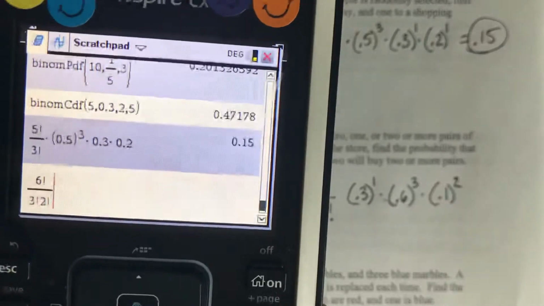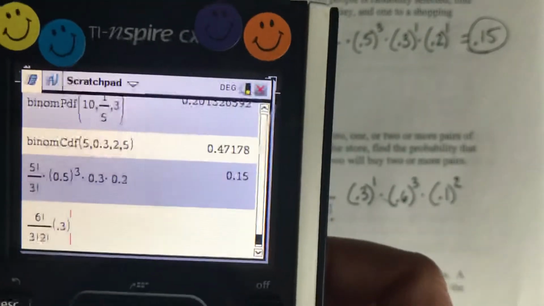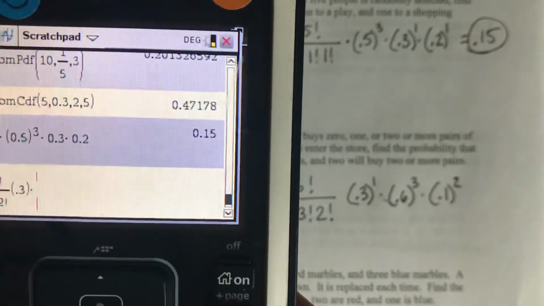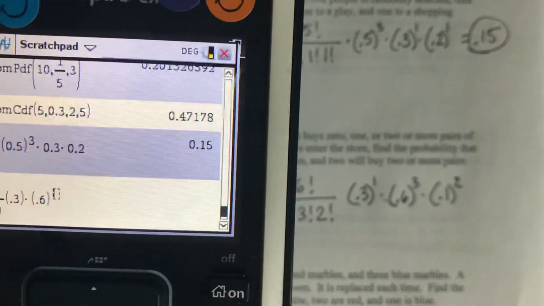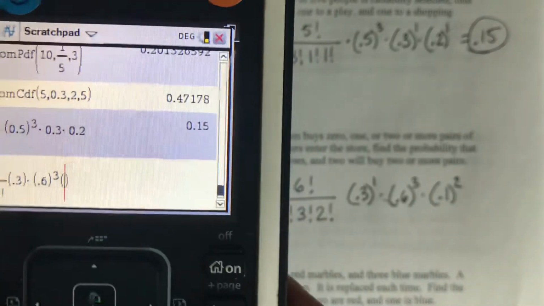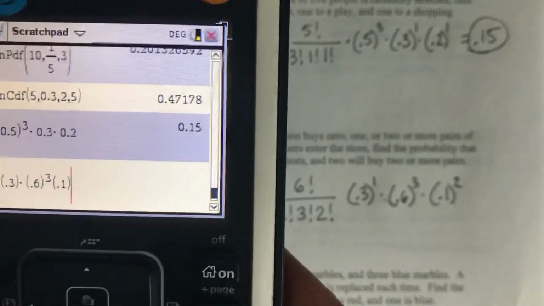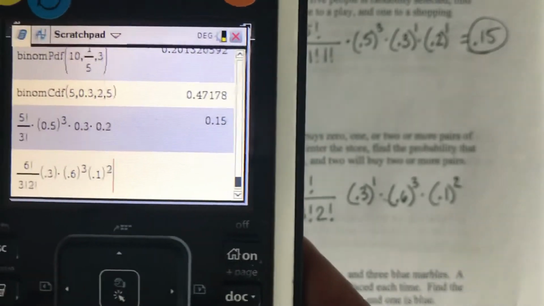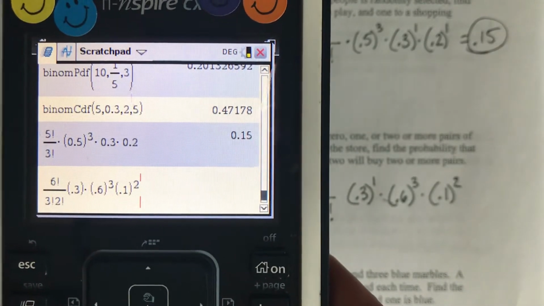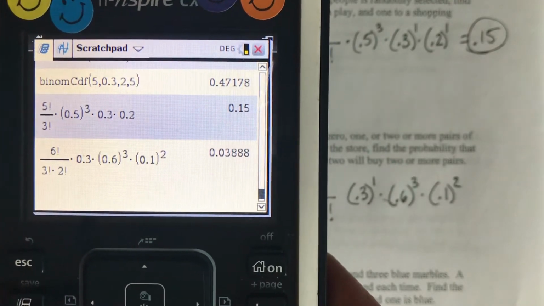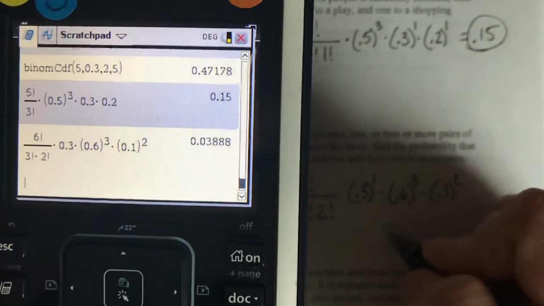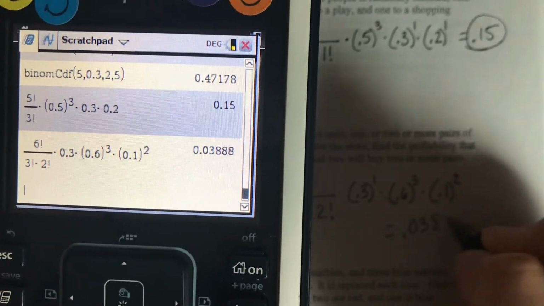Then I'm going to have times 0.3 to the 1 power times 0.6 to the 3 power times 0.1 to the 2nd power, or squared. All right, so you should have that. And when you press enter, there's our answer, 0.03888.